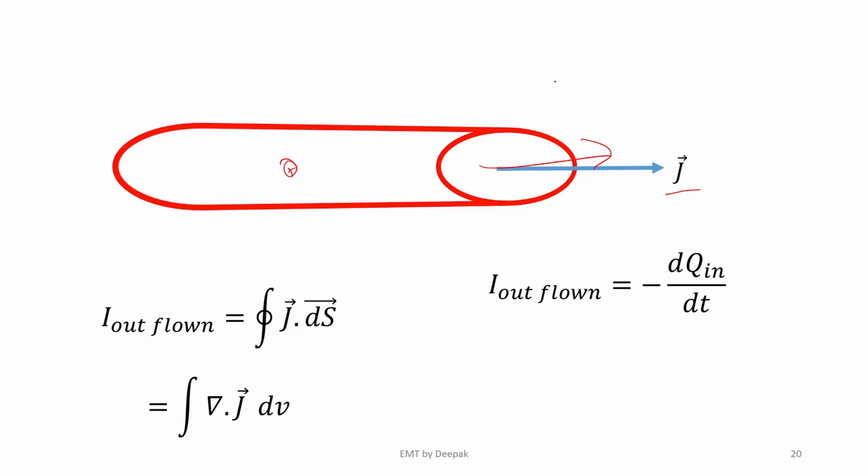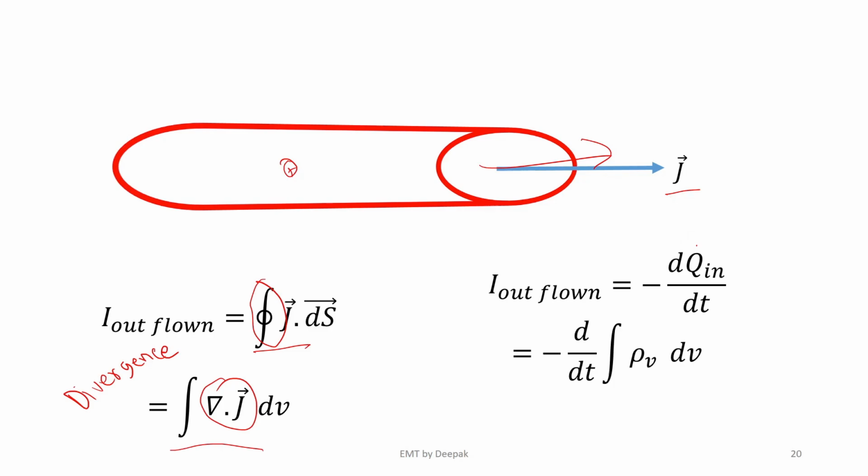If I equate them and apply the divergence theorem again, I can convert the closed surface integral to a volume integral of the divergence of J. This can also be written in terms of the charge concentration, rho v.